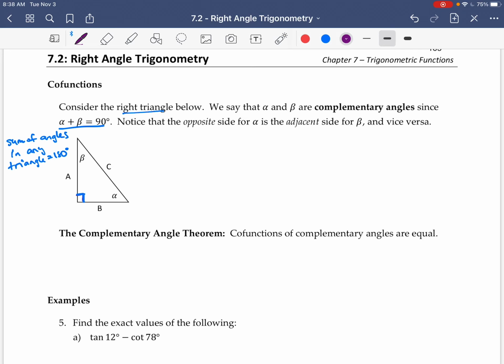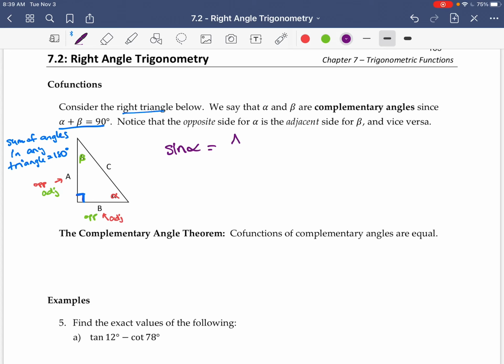So let's say alpha is in red. Alpha has B as the adjacent side and A as the opposite side. But beta has B as the opposite side and A as the adjacent side. So if we were looking at, let's say, sine of alpha, then it's the opposite for alpha over the hypotenuse. The hypotenuse is always c.